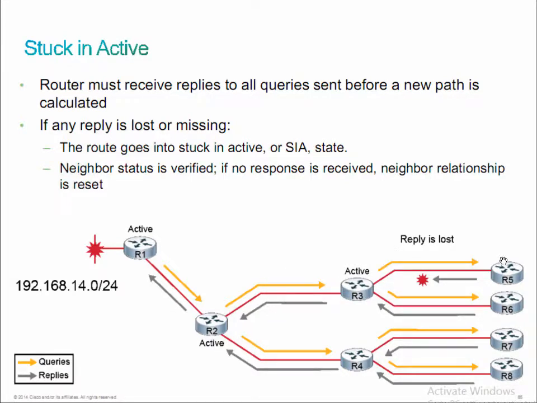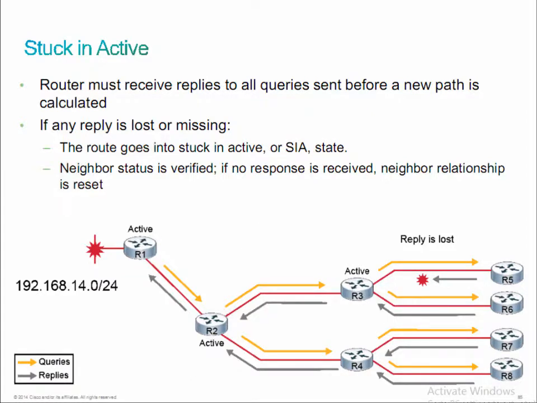Now the problem is somewhere between R5 and R3. But if R2, and this isn't the way it works now, but this is the way it used to work, if R2 doesn't receive a reply from R3 within a 3-minute window, it deletes the neighbor relationship with R3, even though R3 didn't have anything to do with the issue of the traffic not coming from R5 to R3.